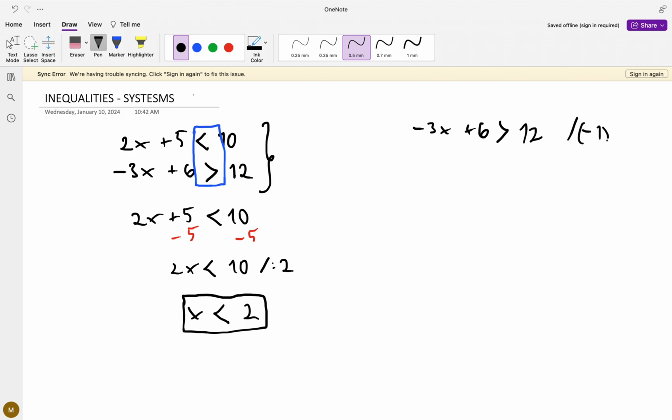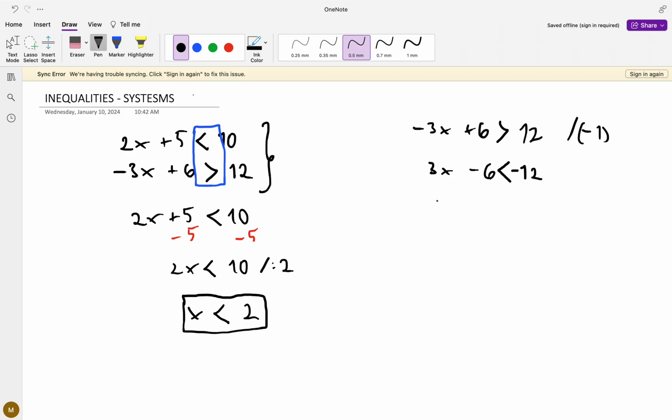So times negative 1, and I'm going to end up with positive 3x minus 6. Now, whenever we multiply or divide by negative 1, we have to flip the sign. And 12 times negative 1 is equal to negative 12.